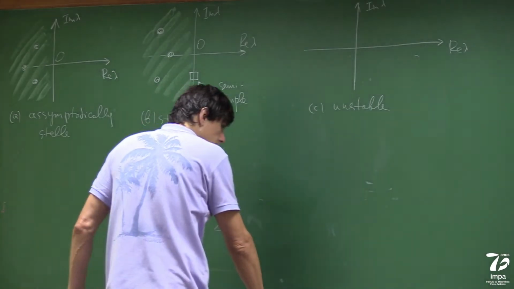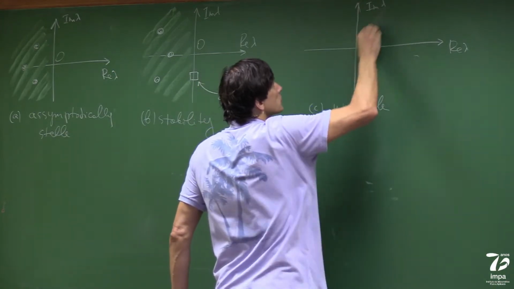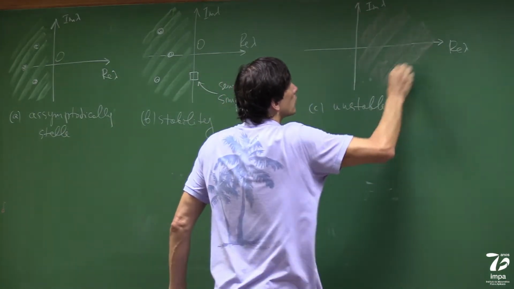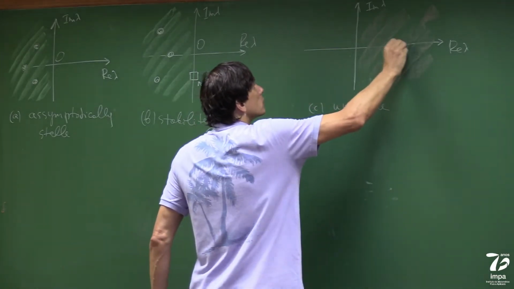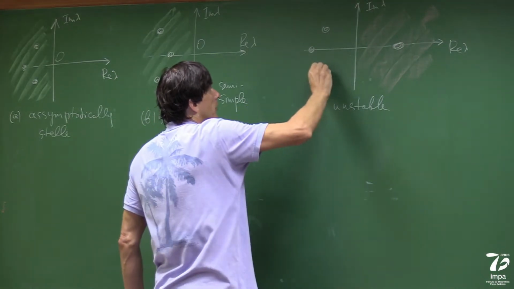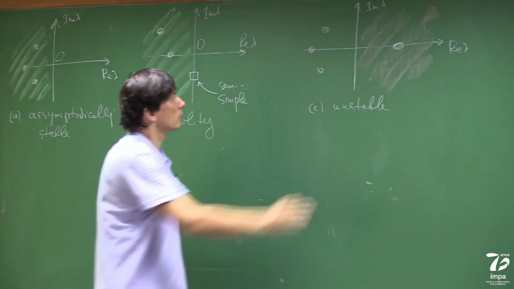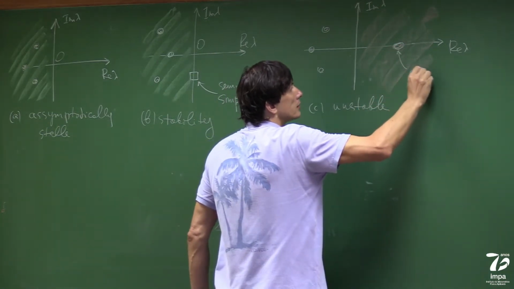For the system to be unstable, we need to have at least one eigenvalue on the right-hand side. There can be some others on the left, but at least one.